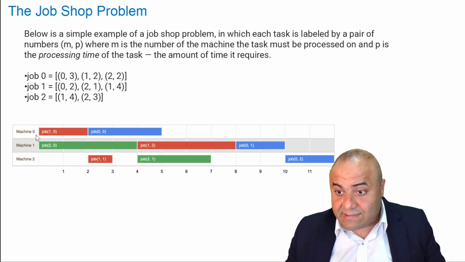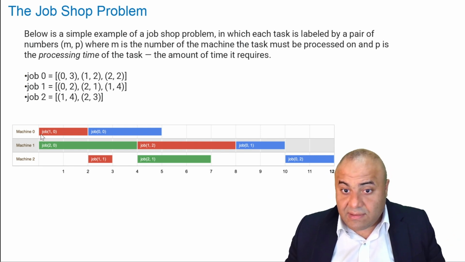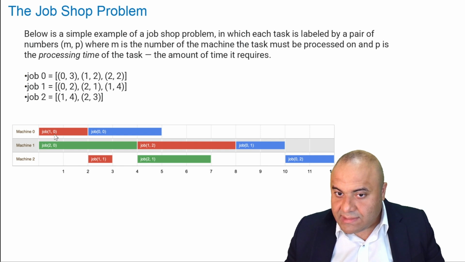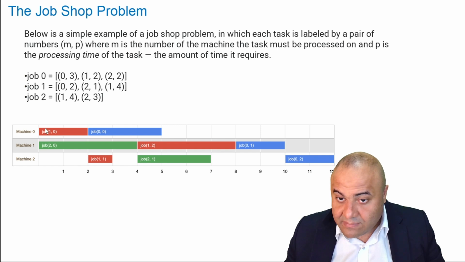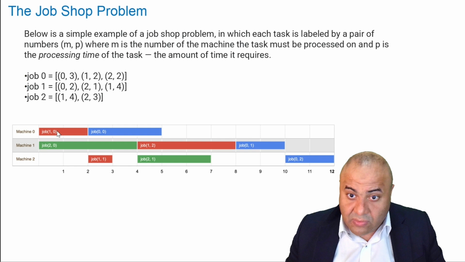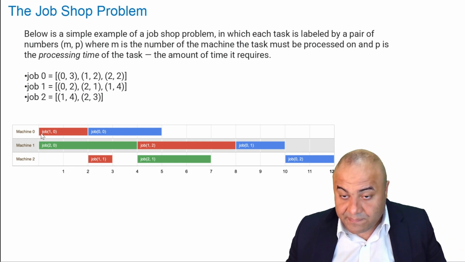So for machine 0, the numbering convention will be: machine 0 will perform job 0, job 1, and job 1 is going to be the first task, or task number 0. So job 1 has to be processed on machine 0, as you can see, and this number, 0, is the first task of this job.